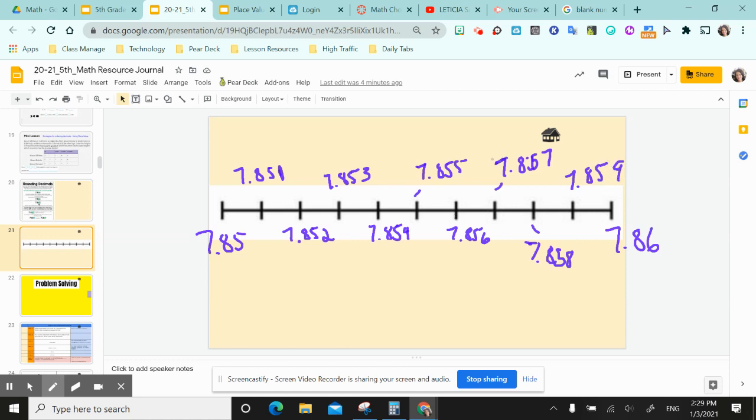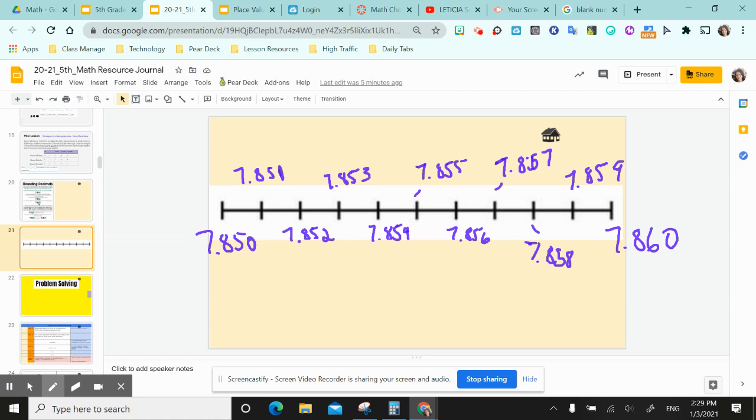Okay, so you can see just going in numerical order, this would be 7 and 850. You could just add your placeholders there. 7 and 851 thousandths, 7 and 852 thousandths, 7 and 853, 7 and 854, and so forth.